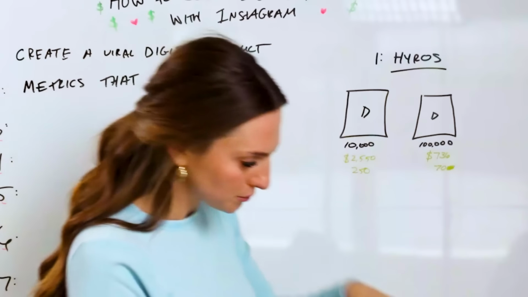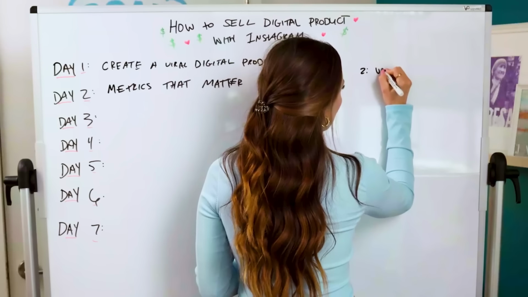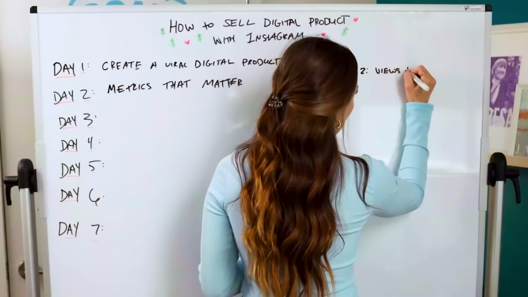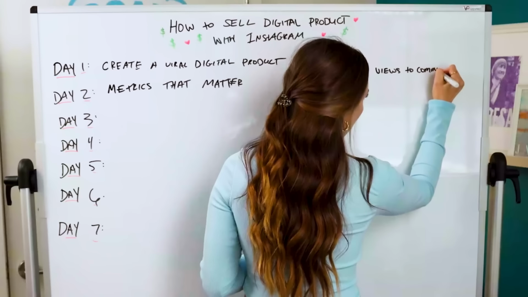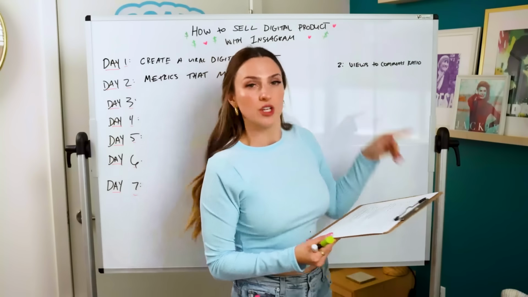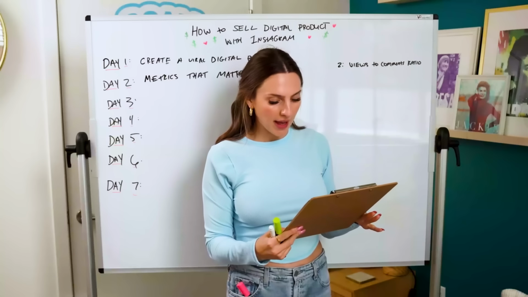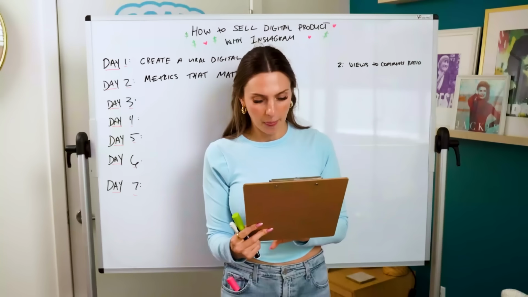I think it's very important. Okay, second, really important metric here. Number 2 is views to comments ratio. I'm going to explain comments a little bit later in this whole thing, but here's the short version.